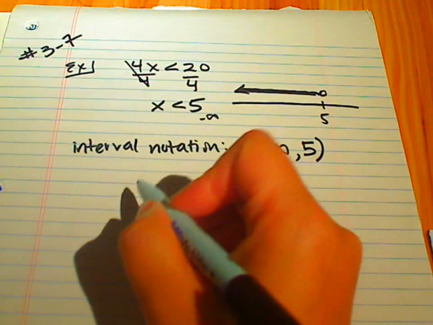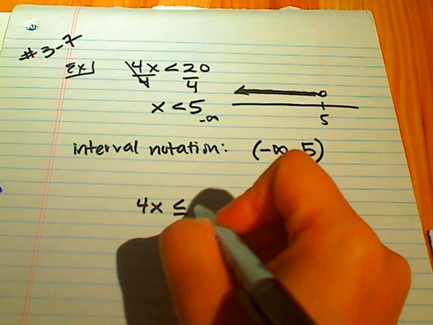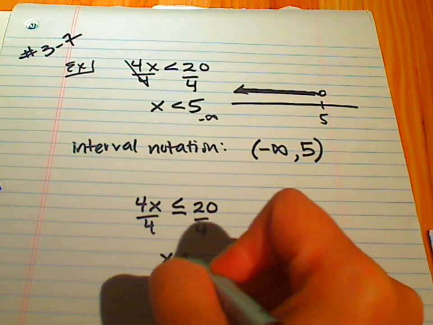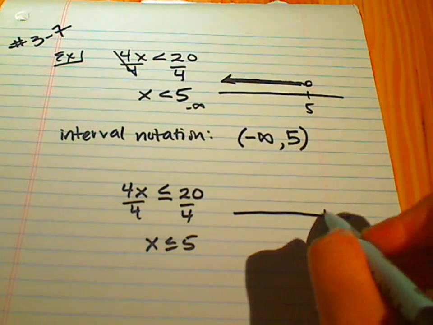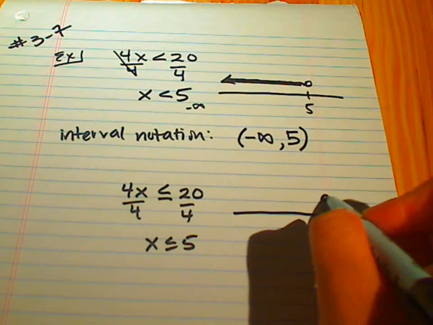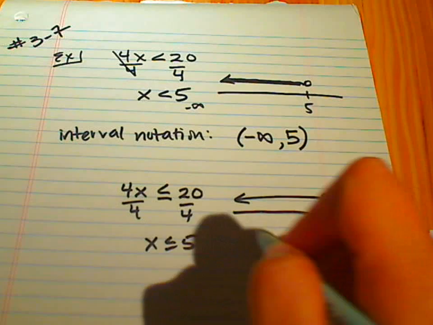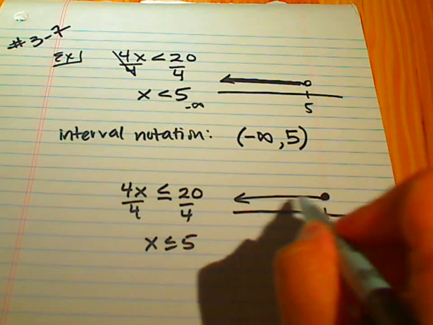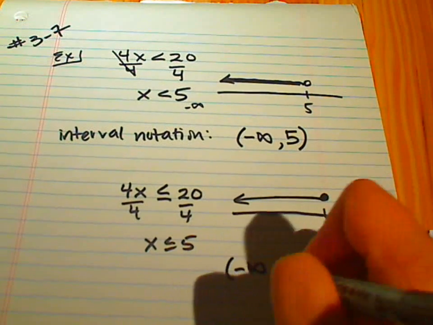Now this would be different than if you had 4x is less than or equal to 20. We would still divide by 4 and 4, so we have x is less than or equal to 5. And so if I would make a graph on a number line, here's 5, I would close the circle and go that way. So for our interval notation, the answer I'm looking for, again, if we're going all the way this way, it would be negative infinity.